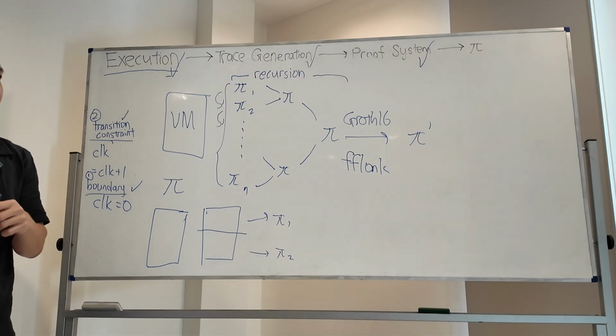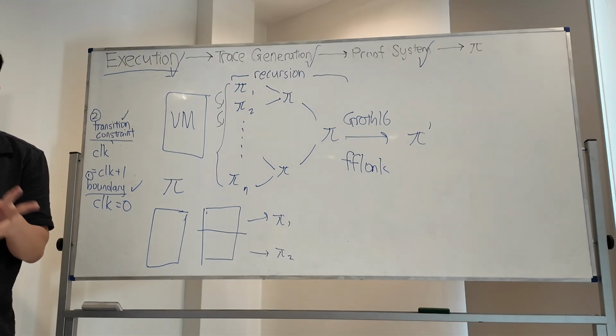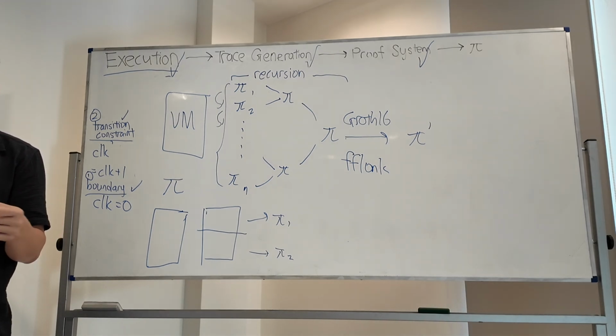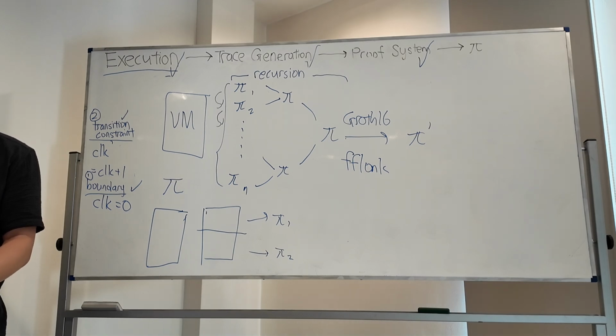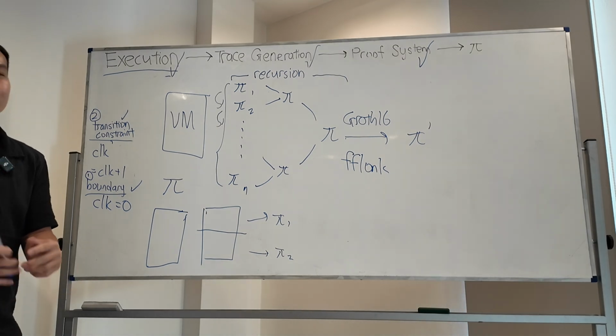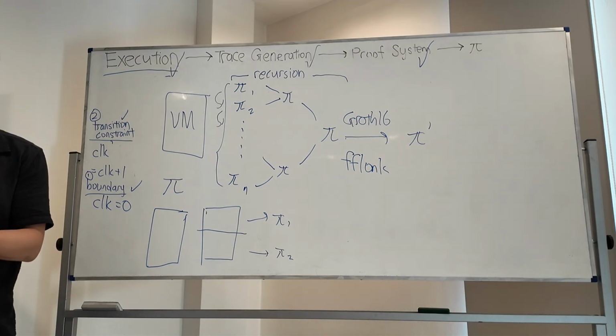So in SP1 at least they do this two-phase thing. In the first phase, they commit to the traces, and only then prove them in the second phase. So they actually generate traces twice. Sorry, I don't get the last one. So they have two phases: trace generation and the proving phase.